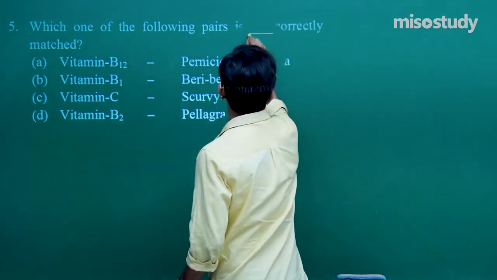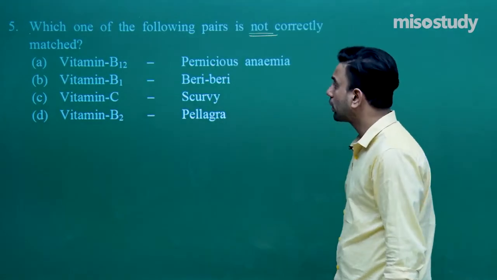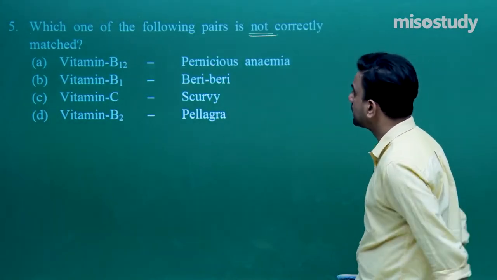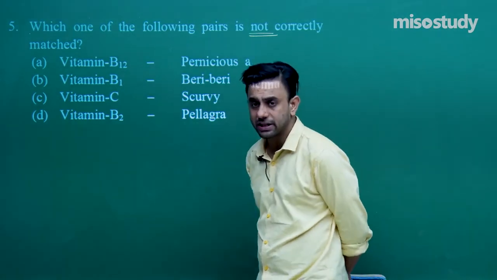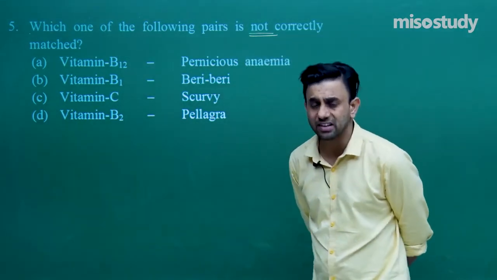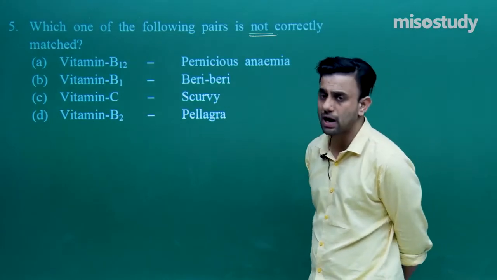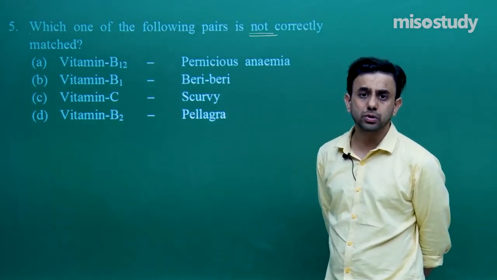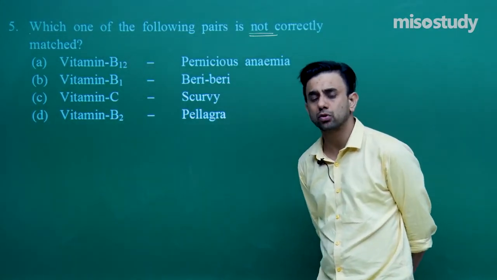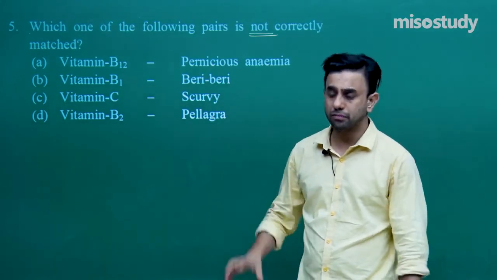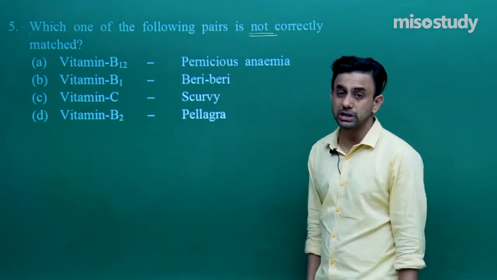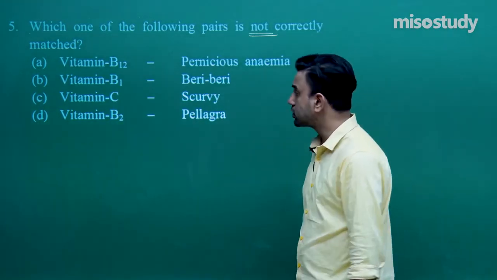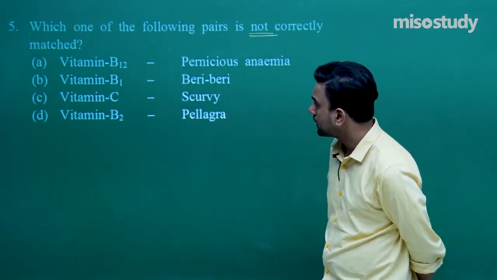This is a not question, and you should always keep that in mind. So vitamin B12 and pernicious anemia, or we can also say megaloblastic anemia. Vitamin B12 and folic acid are very important for the maturation of RBC. Otherwise the RBCs would become much larger in size and immature, and that would lead to pernicious anemia.